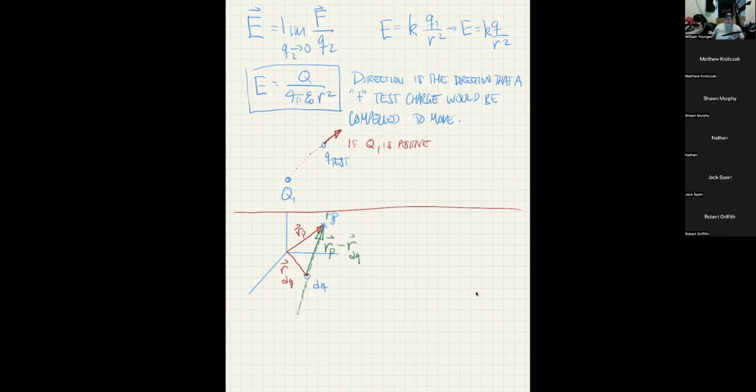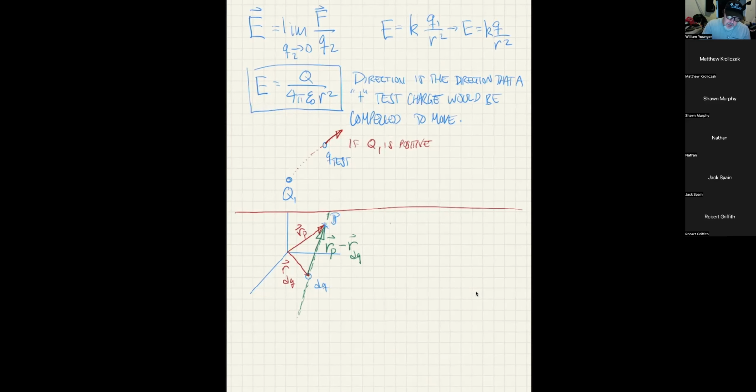Notice if dq is positive, then RP minus RDQ points in exactly the right direction. That's the key point, because the electric field is supposed to point in the direction that a positive charge will be compelled to move if you put it there. So if I put a positive charge at P and dq was positive, then the direction would be parallel to RP minus RDQ.